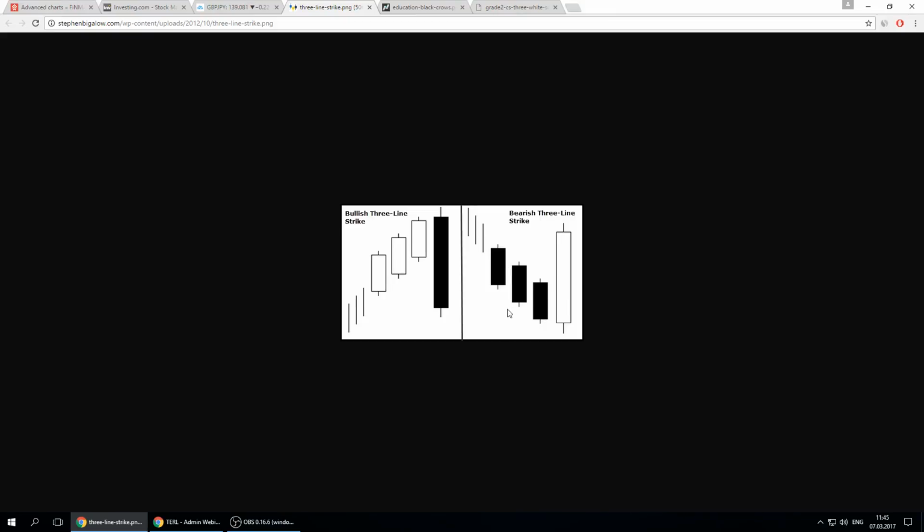So what to do in this case? When you see that there are signs of this pattern, of course it would be good to open the trade for low in this case, for high in this case, based on the time frame that you are using.